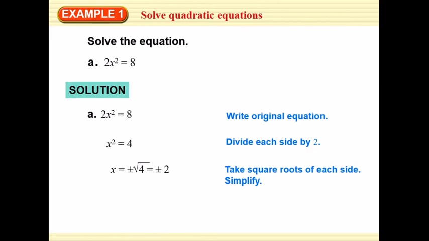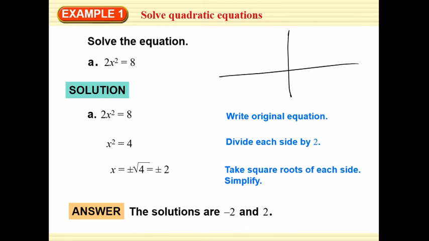And then since this d is positive, since 4 is greater than 0, I need to make sure that I have a plus or minus here. The square root of something squared, I need to include that plus or minus. And when I actually take the square root of 4, I get 2. So my solution there is negative 2 and positive 2.